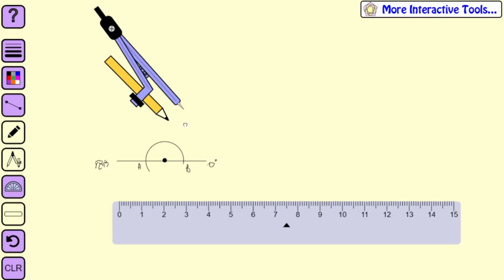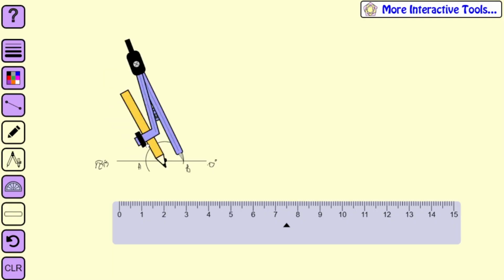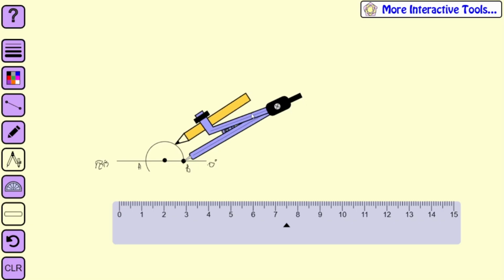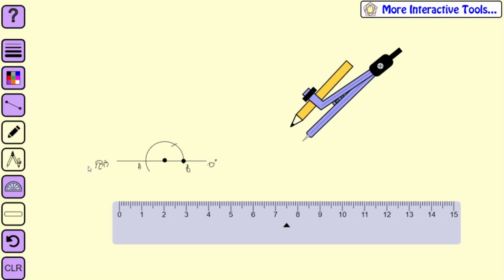Now, to get our 60-degree, remember, we keep the same radius, and then we just scribe and cut our semicircle. Wherever it cuts, we would have drawn a line through this from the vertex to the intersection, and this would have been our 60. Now remember, we want the opposite of 30, so we're just remembering how to do the 30-degree.